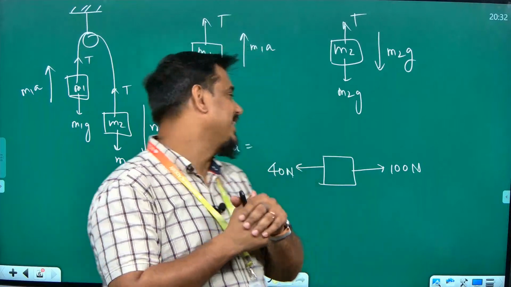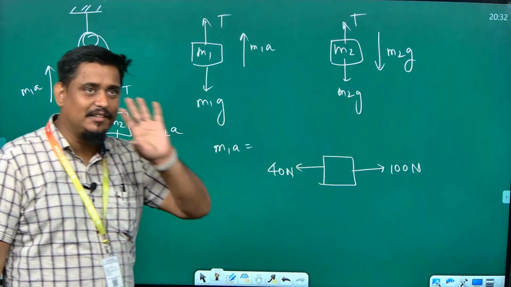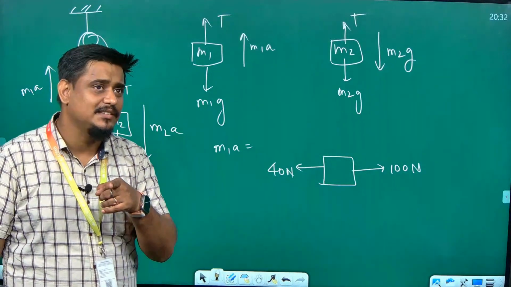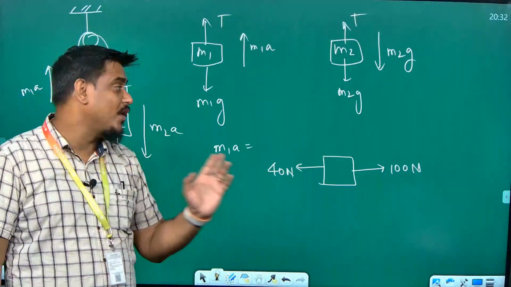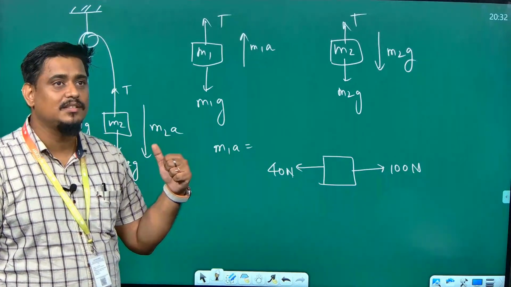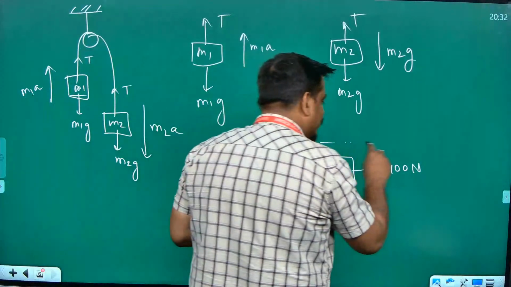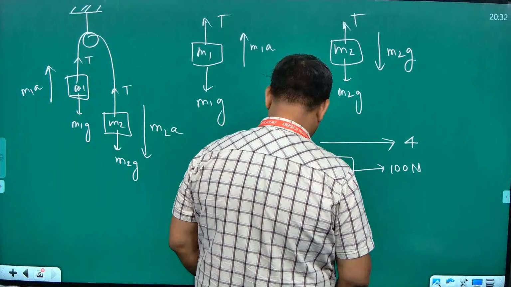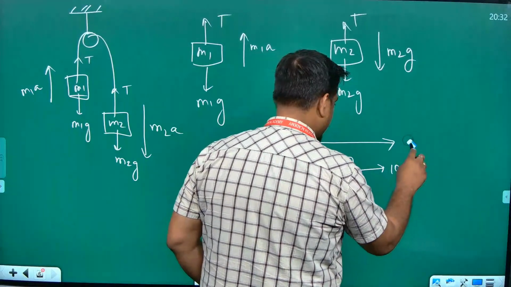Yes, sir. So you understand that net force will be 100 minus 40. Which direction? Towards 100 or towards 40? Sir, towards 100. Yes, because it is more. And how much will be the net force? 60 Newtons. Yes, 100 minus 40 is 60.